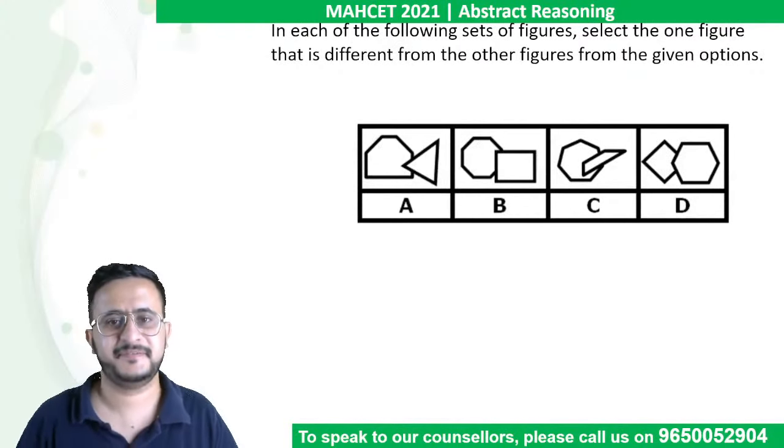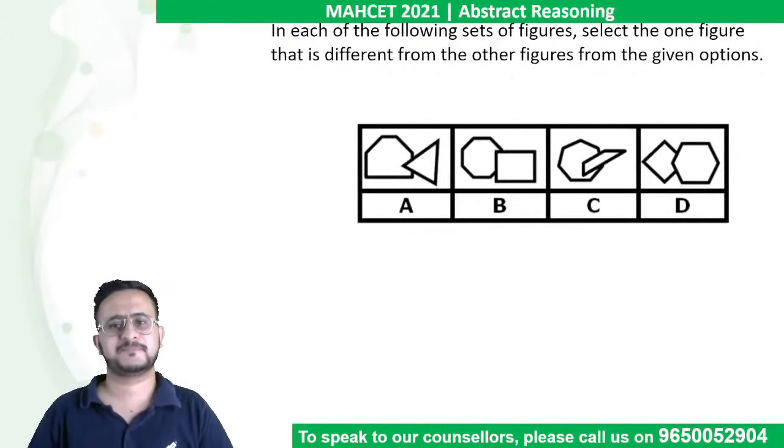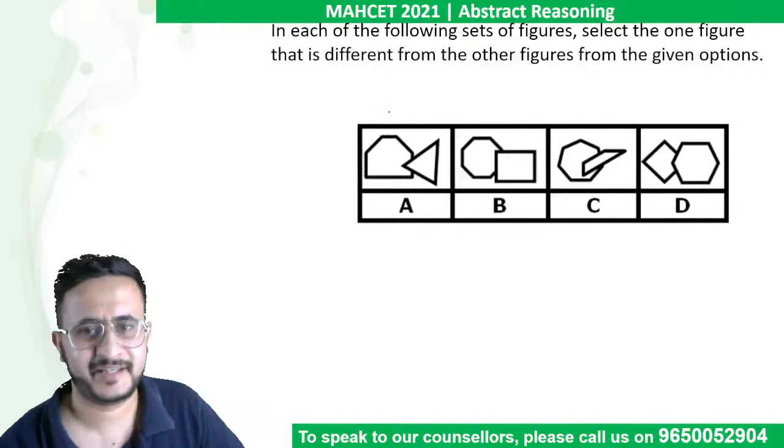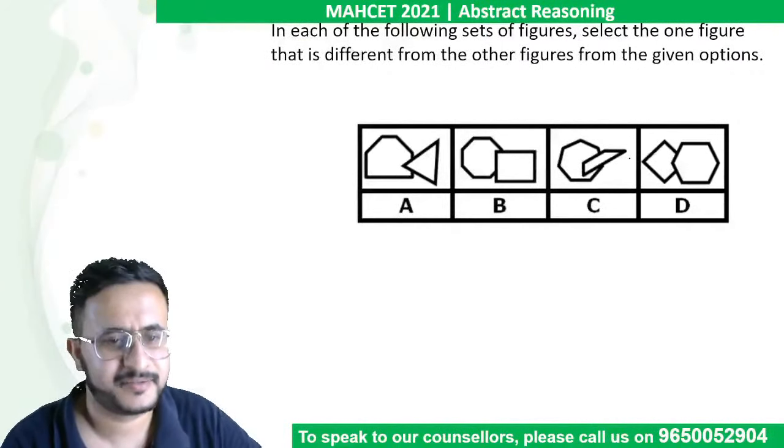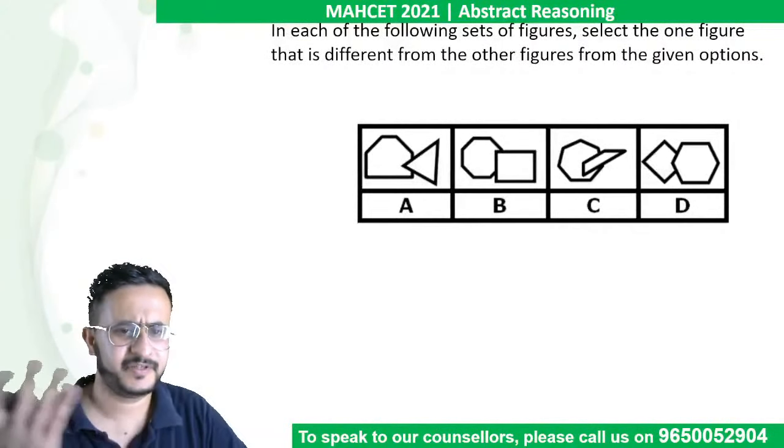A, C, D, A, Y. Y, A, Y, D. So give the reason also, right? If you say A, tell me why. If you say B, C, and D. So different responses.